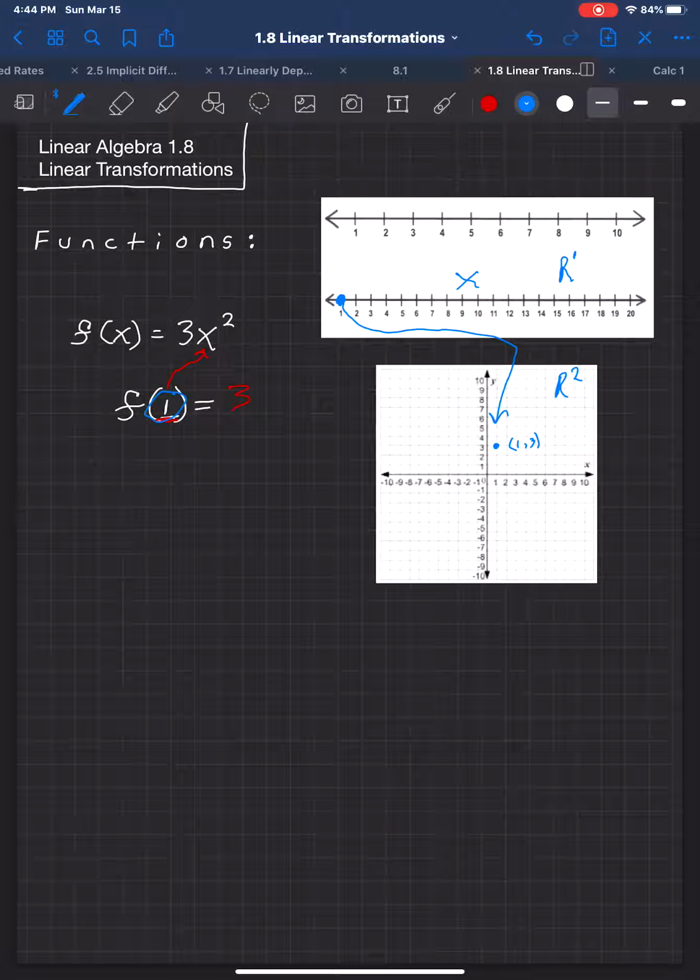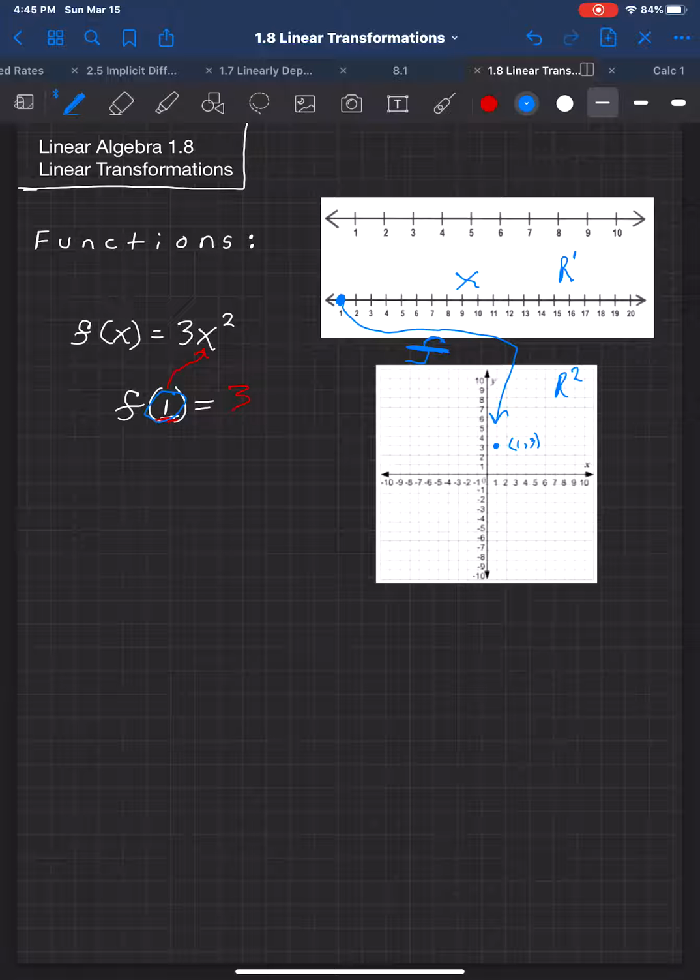So how did you do that? Notice this blue line that I drew. I have two different graphs, a one-dimensional graph and a two-dimensional graph. And the only way that you can get from a one-dimensional to a two-dimensional graph, the only way that you can get a 1 to become a 3, is if it undergoes some type of transformation.